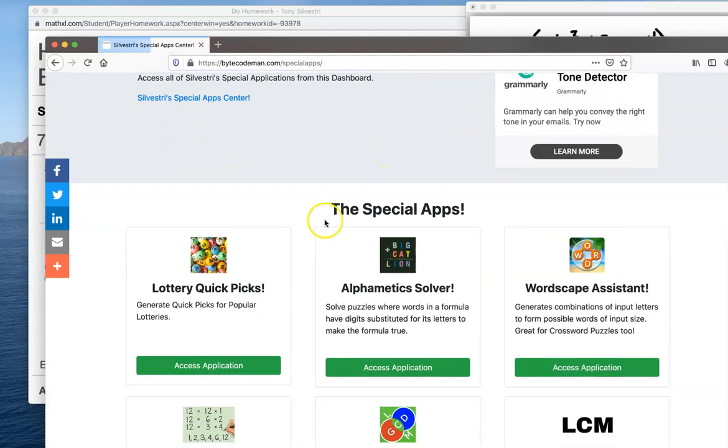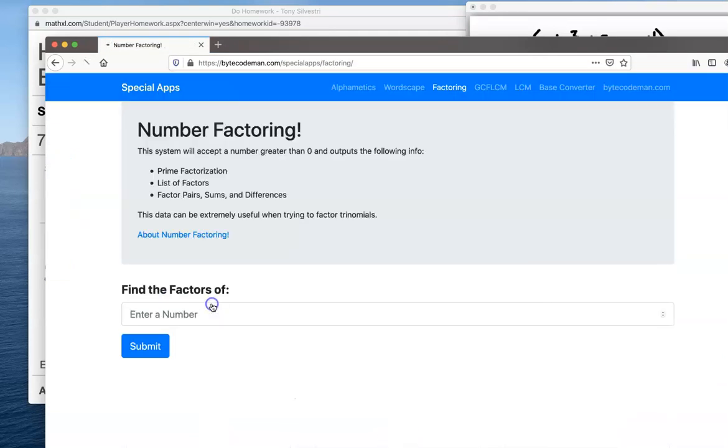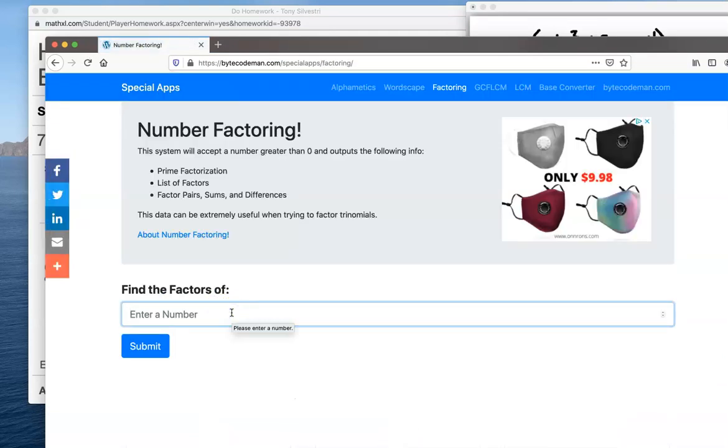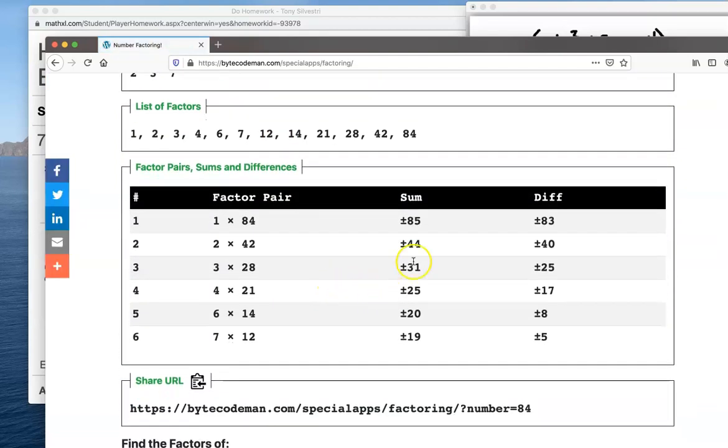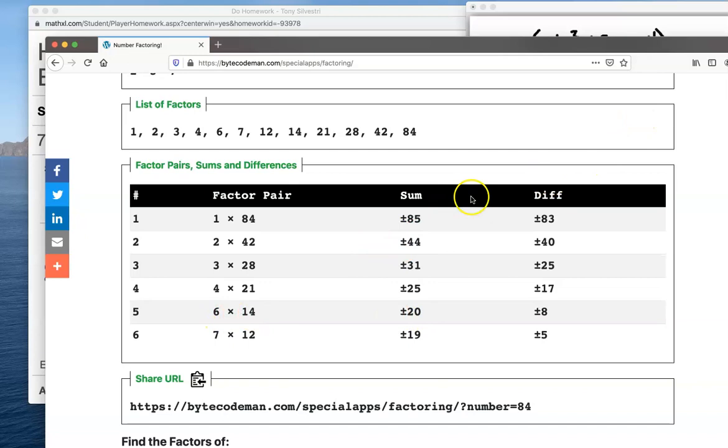There's an app right over here, number factoring. I'm going to punch in the number 84, hit enter. The thing that you want to look at is the middle term, which is 20. These are the numbers 6 and 14. 6 and 14 would multiply out to be 84.